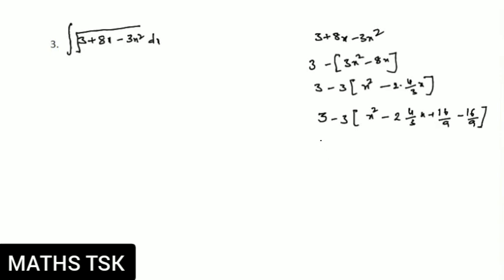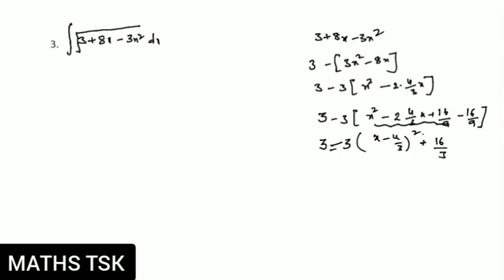Right. There is 3 minus 3 into the value here, it is up to this. That is x minus 4 by 3 whole square minus 3 into minus, that is plus 16 by 3. 3 into 1 by 9 becomes 3. 16 by 3.